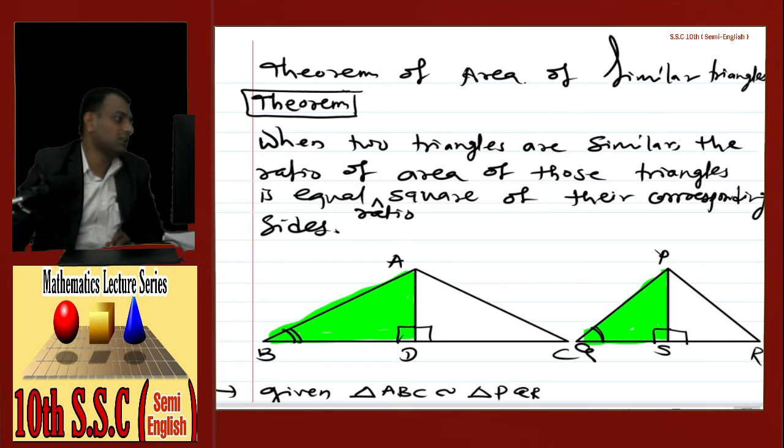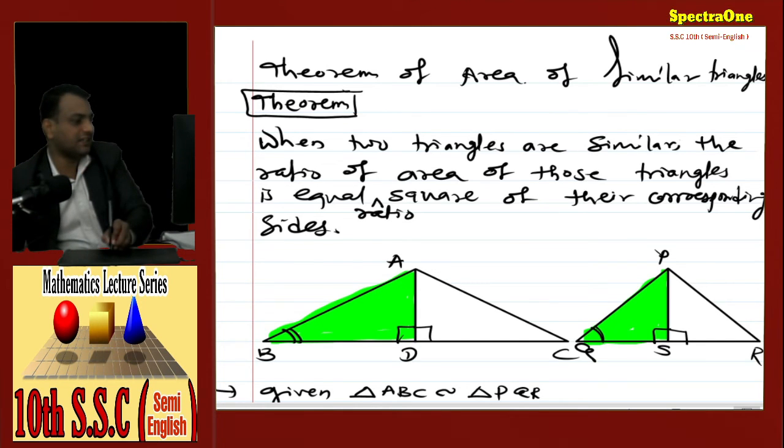Okay. Also, we know that AD is perpendicular to BC, means angle ADB is 90 degrees.